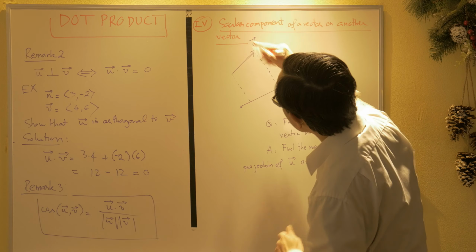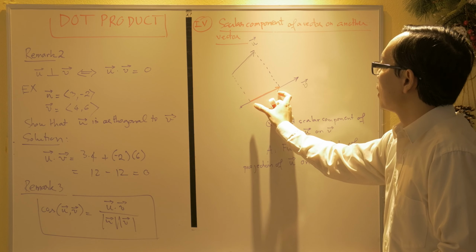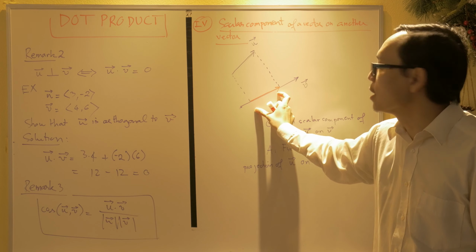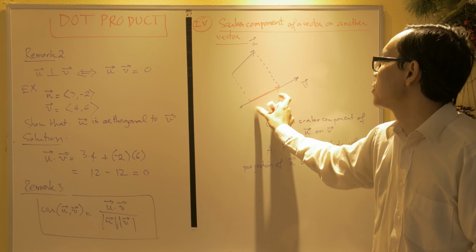The image of the vector is a vector, right? And the scalar component is actually just the magnitude of this. You just need to find the magnitude of this. So this right here is a projection of u on v.